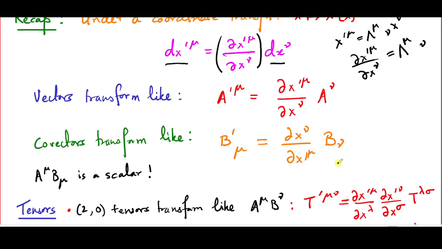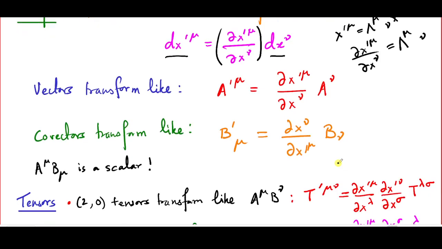The 2, 0 tensors transform like the product of two vector components, a mu, b nu. Of course, this means a total of d square components, mu taking d values and nu also taking d values. And the way this product transforms under a coordinate transformation tells us how any 2, 0 tensor, which will have two indices mu and nu, transforms.